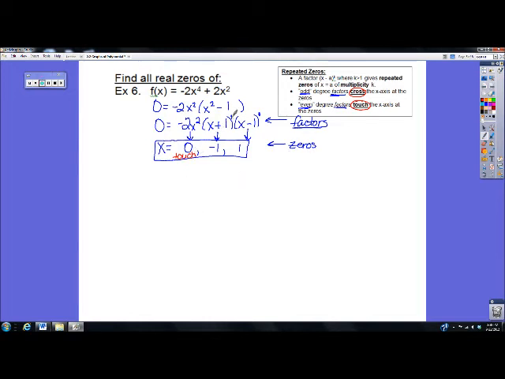Now, x plus 1 was a first degree factor, and x minus 1 was a first degree factor. Those were odd degree factors. So at negative 1 and 1, my graph is going to actually cross through at those numbers. Alright, let's take a look at the graph, and you'll see what I'm talking about.